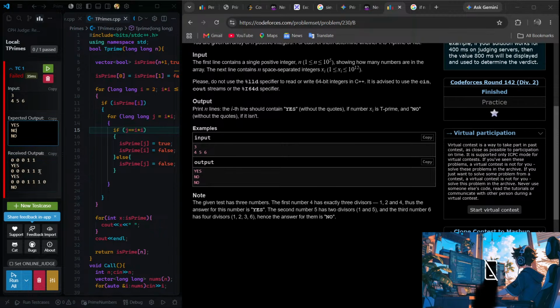But the real problem is that I will never check it for 3, because I have stopped at that specific point. How will it check for 3?